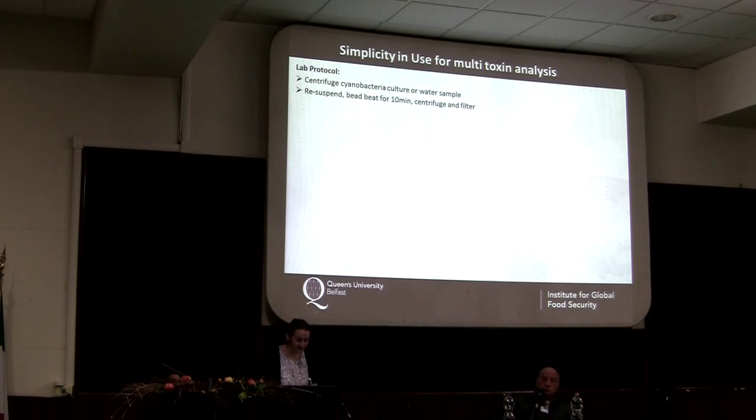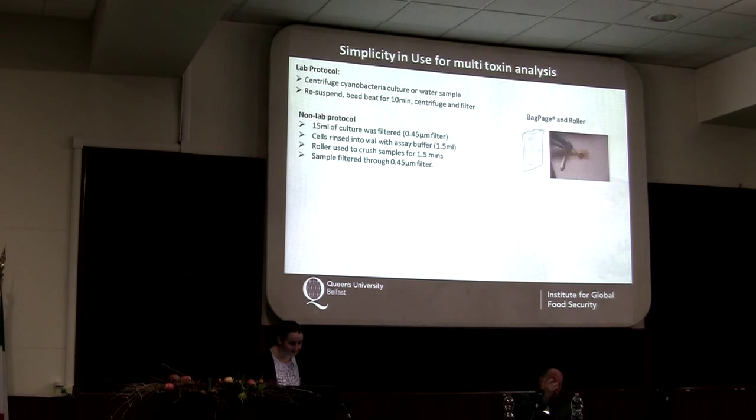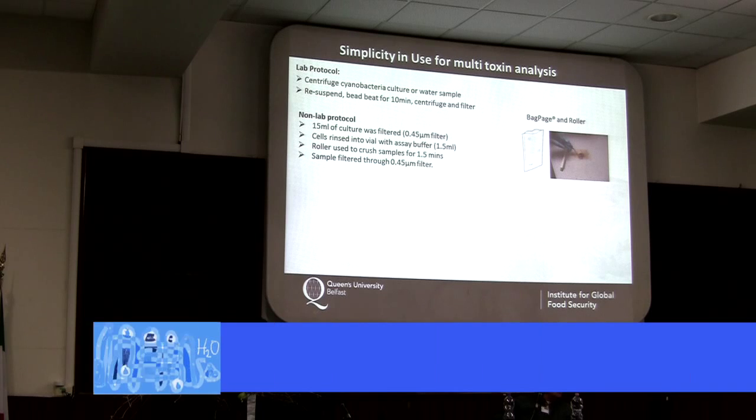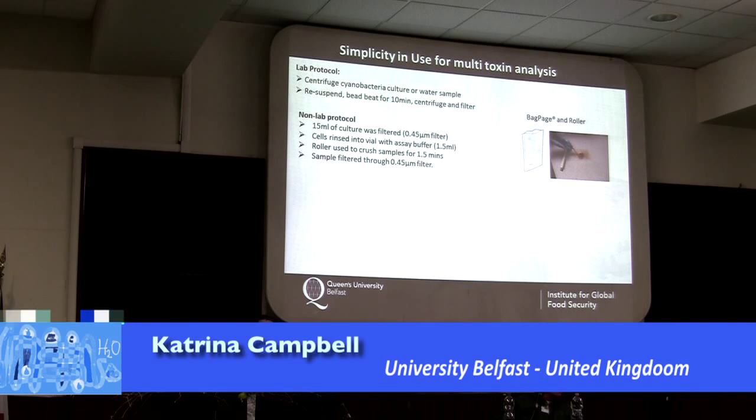A method can only be field deployable if your sample preparation is field deployable. So for the lab protocol, we basically centrifuged our cultures or water sample, resuspended, beat for 10 minutes with glass beads, centrifuged and filtered. Yes, that was a nice lab protocol, but sometimes it's very difficult to get a centrifuge out into the field. We also look for non-lab protocols where we take our culture, and what we had was a clever bag, and within the bag was a filter membrane.